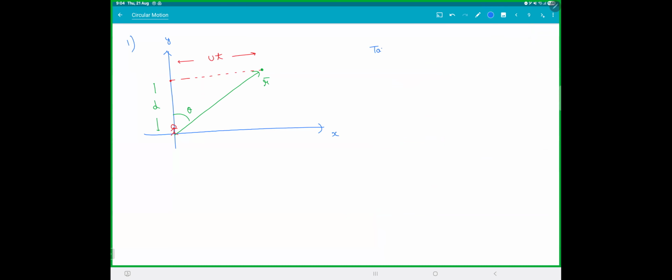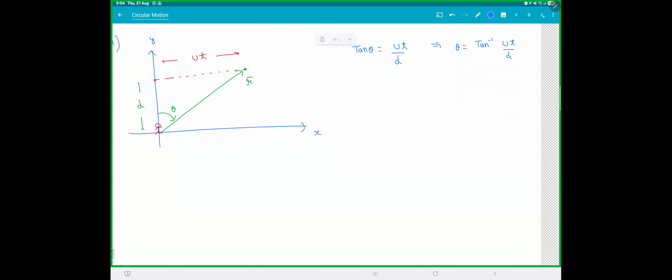Tan theta will be ut by d. That was easy. So we get angle theta equal to tan inverse ut by d. And what about the direction? If you see, it is rotating clockwise. So we will say minus k cap. Right hand rule.